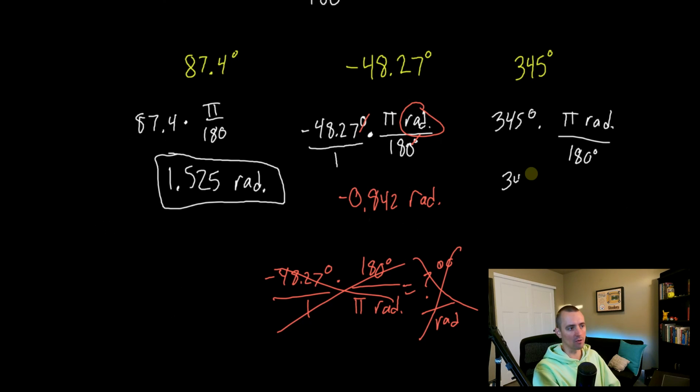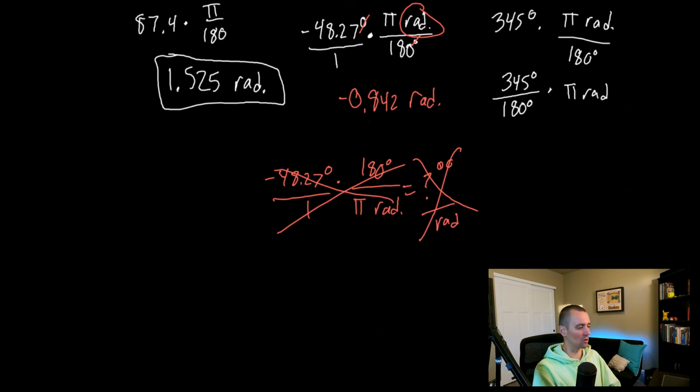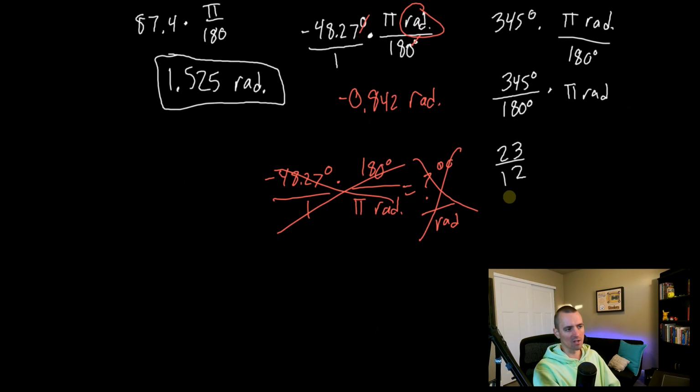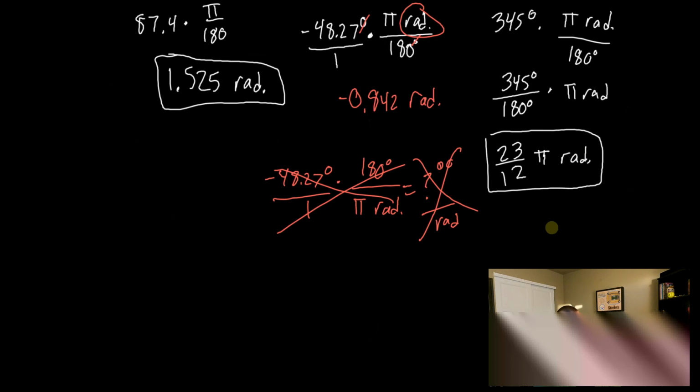So if we get 345 degrees over 180 degrees times pi radians, this is actually going to simplify down a little bit at least. So the denominator will simplify down to 12, and then 345 divided by 15 is 23. 23 over 12 is really not that great, but 23 over 12 pi, now we at least have our radians in exact form.